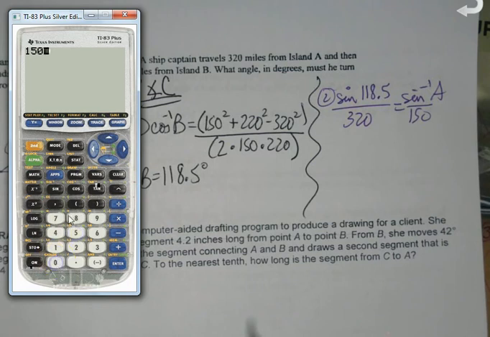So 150, get our sine going, divide by the 320. We're kind of getting into a groove now because we've done so much of this cross multiply and divide. It's becoming second nature.